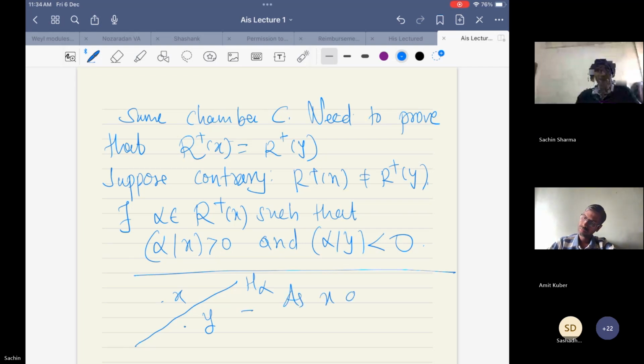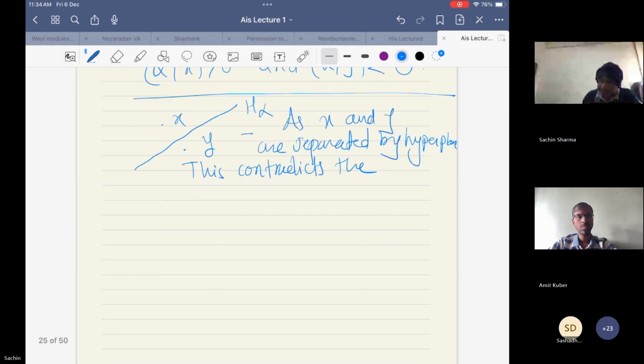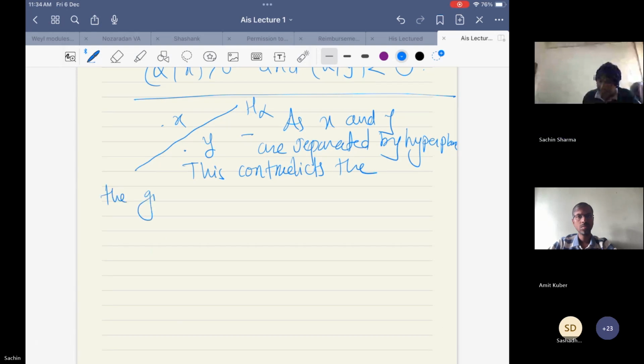This contradicts the hypothesis that x and y belong to the same chamber C.